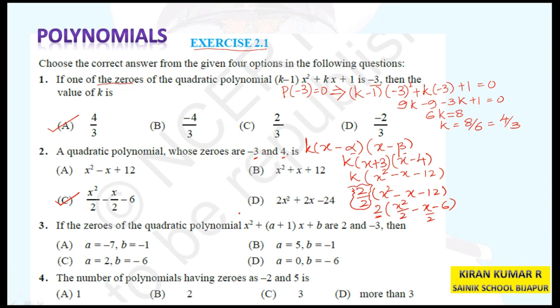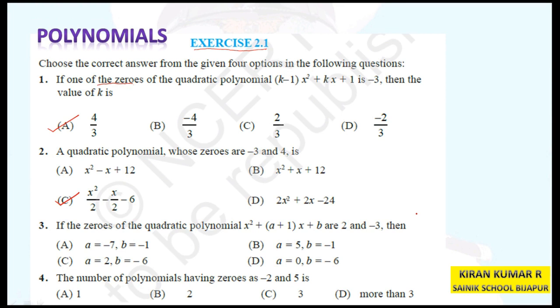How do we find that? Let us work out this third question here. They have given that 2 and minus 3 are zeros. It means that p of 2 will be 0 and p of minus 3 will be 0.